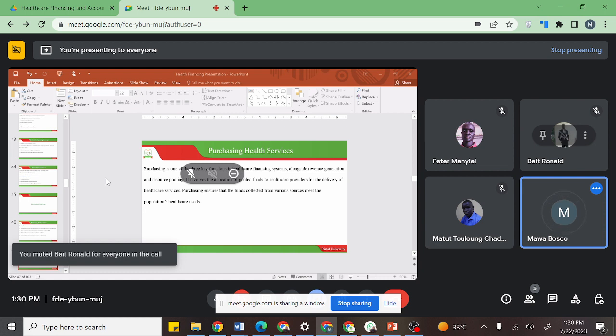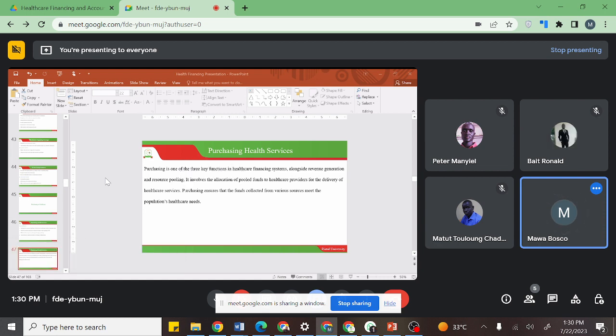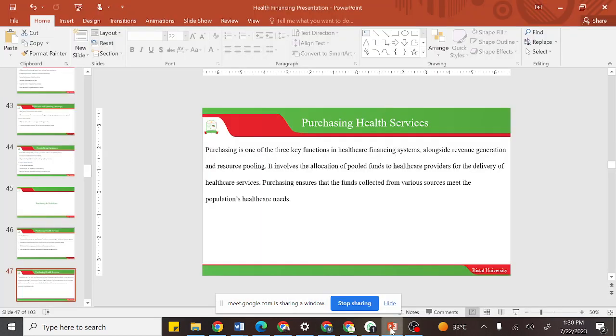Okay, so you collect resources, you now allocate resources and ensure basically that everyone receives services that they need to.